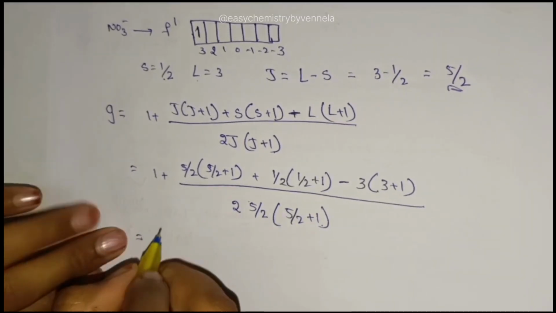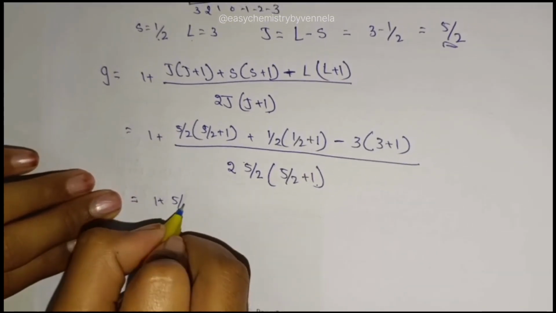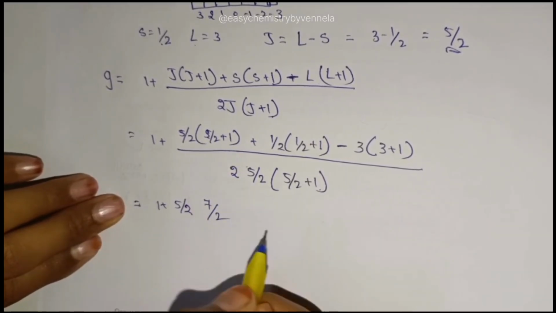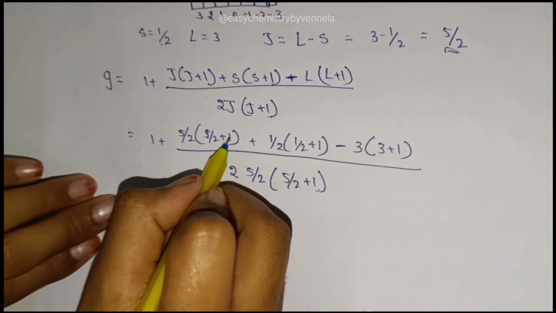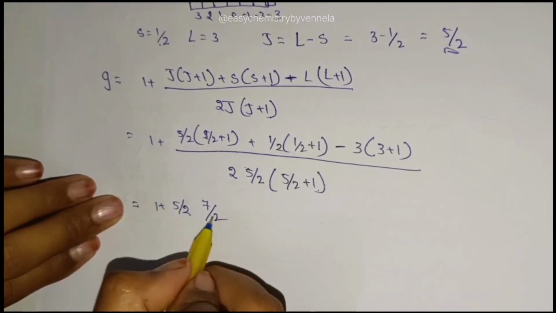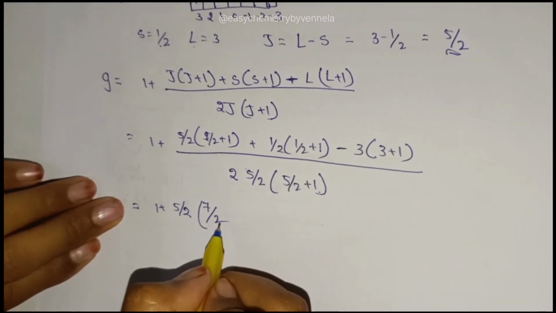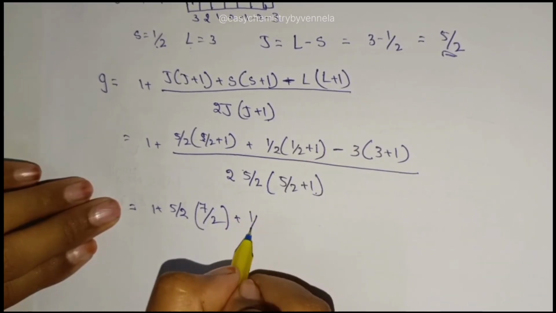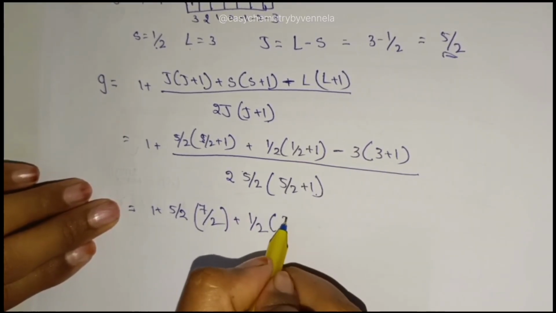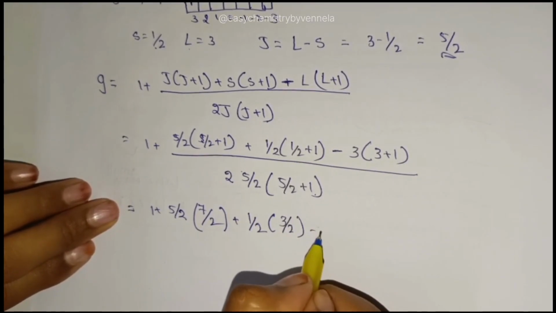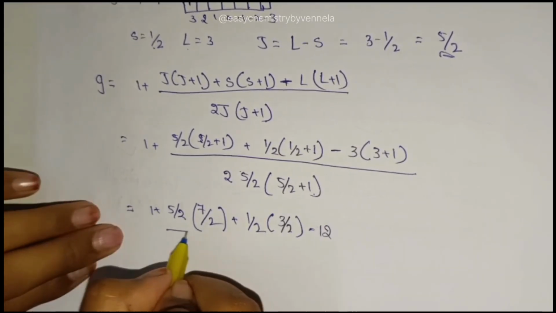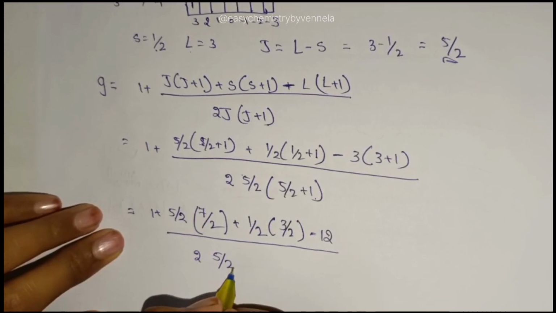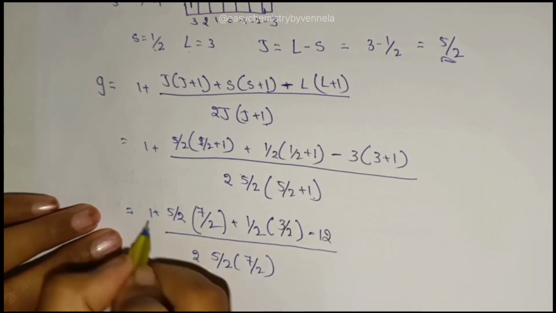So next, 1 plus 5 by 2. Here 7 by 2. 2 ones are 2 plus 5, so 7 by 2. 1 by 2 plus 3 by 2 minus 12 by 2 into 5 by 2 into 7 by 2.